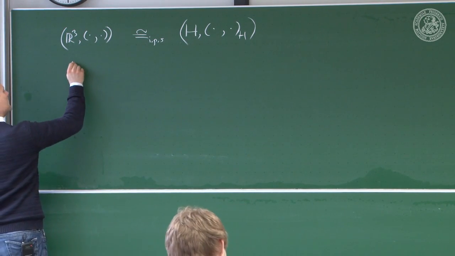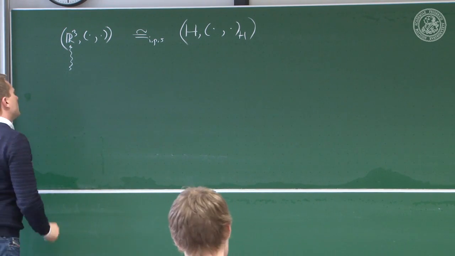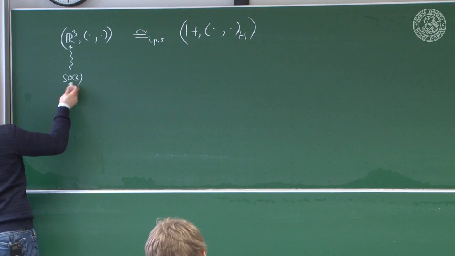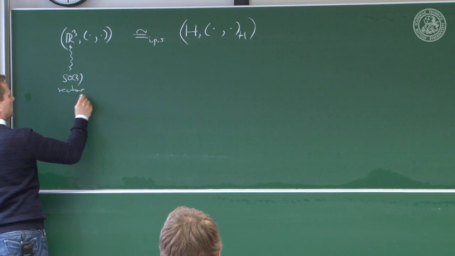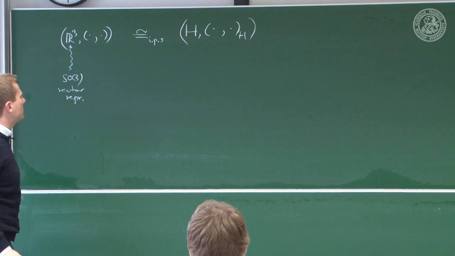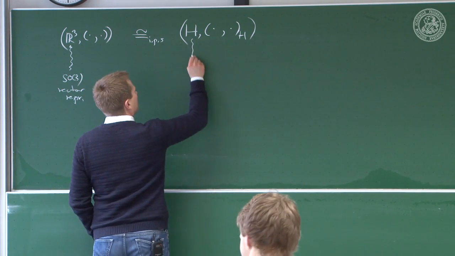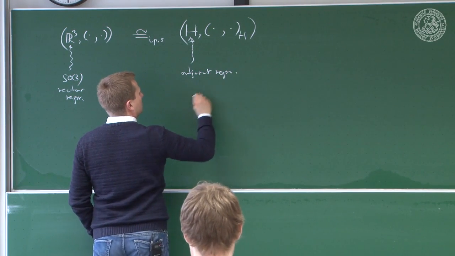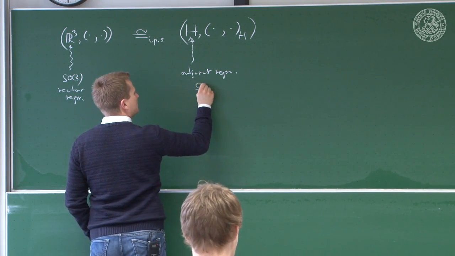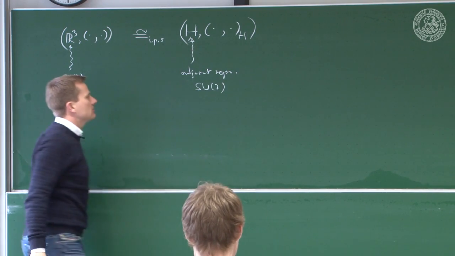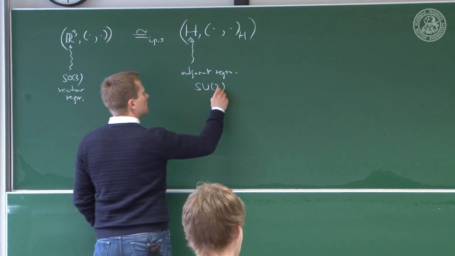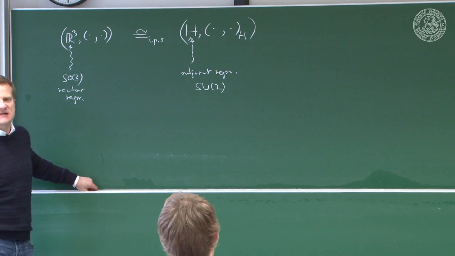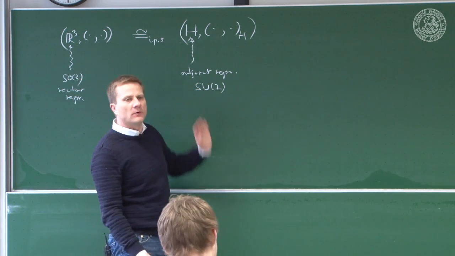And we know that the defining representation of SO3, so the vector representation, as we called it, acts on R3, and we know that the adjoint representation of SU2 acts on H. Well, it must, because H is the Lie algebra of SU2, and the adjoint representation is precisely this. It's the action of the group on its own algebra.